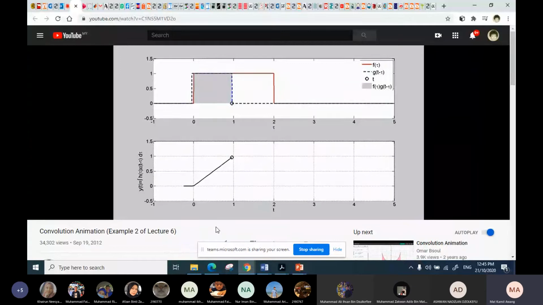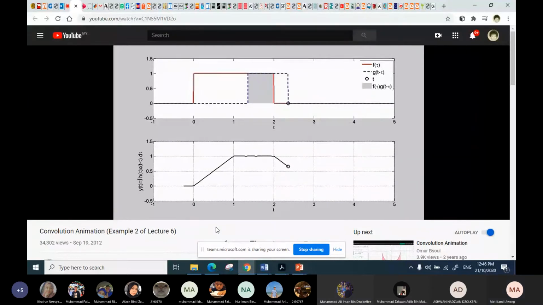So g of t is really moving, f of t is static, and the bottom graph is the resultant of that convolution. That is the integration from minus infinity to infinity of f of tau and g of t minus tau, d tau.